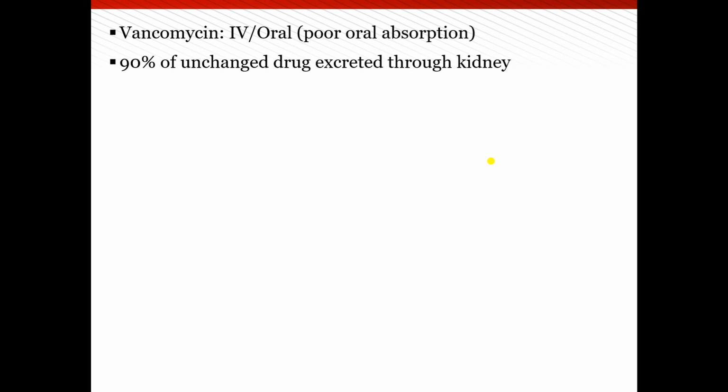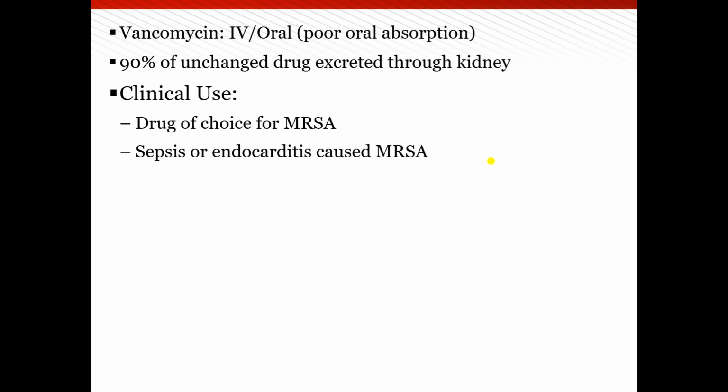Vancomycin also has poor oral bioavailability, so it is always preferred by the IV route, but rarely it can be used orally where the action is required locally in the GIT. 90% of the unchanged drug is excreted through the kidney. If we list the uses of vancomycin, it is the drug of choice for MRSA.